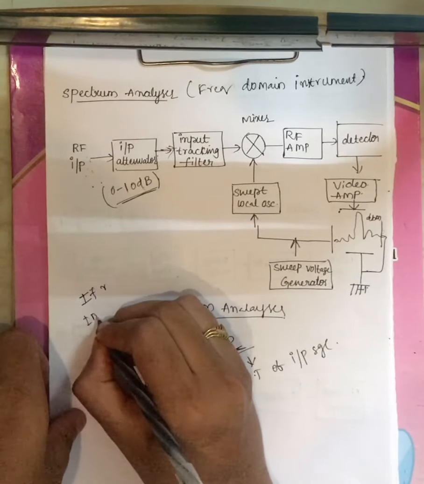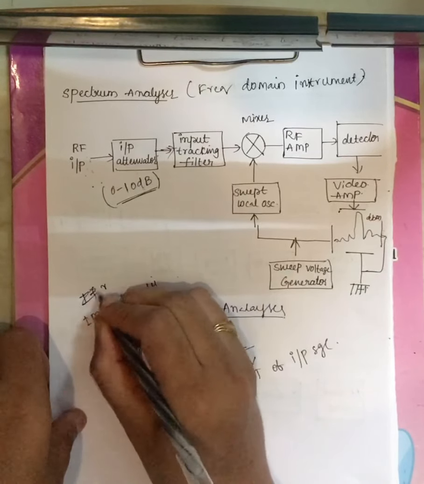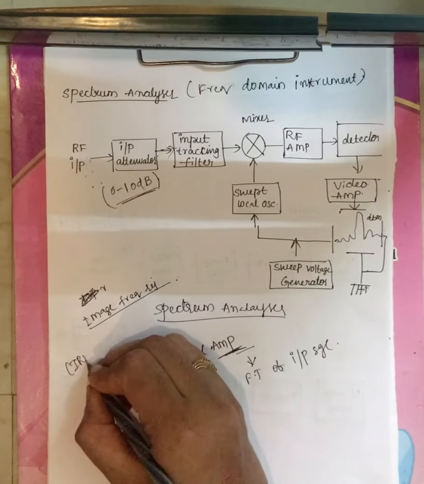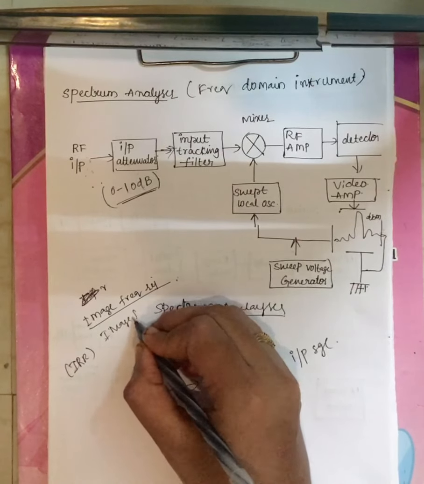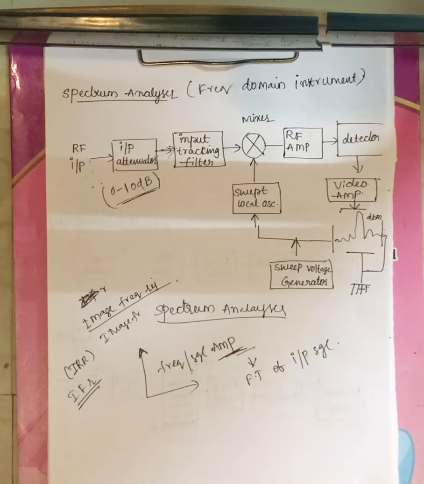Refer to this definition under the superheterodyne receiver in your digital or analog communication system, where you get a brief explanation of the mixer, IRR, and image frequency rejection. All these terms you will find there.